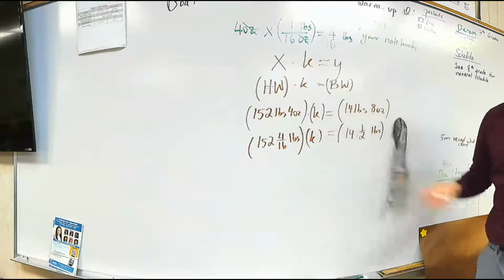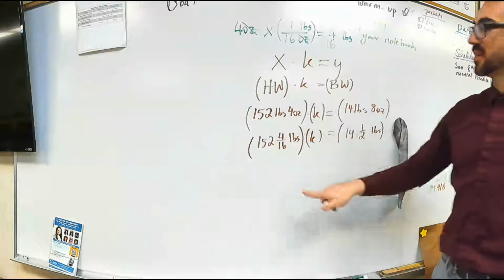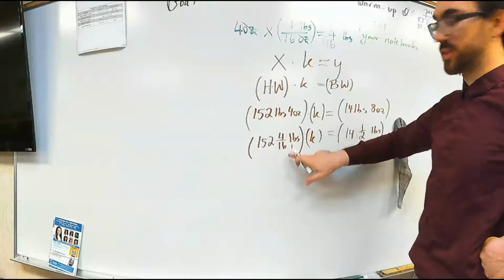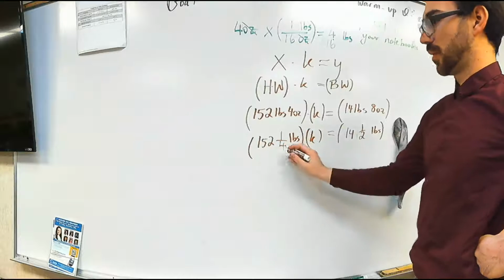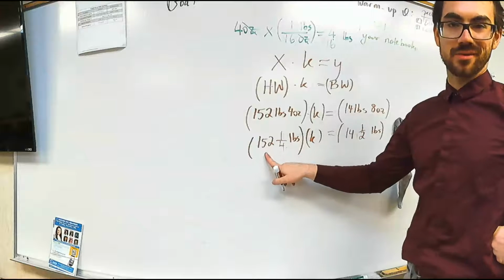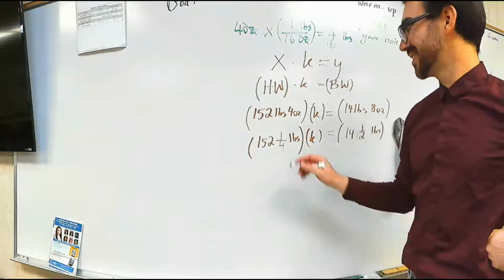So here's our new equation. Now we can convert from mixed numbers to improper fractions. Let me just make this one easier. 4 over 16 is the same as 1 over 4. That way when we're multiplying and then adding, it's just a little bit easier. 16 times 152 is a lot harder than 4 times 152.